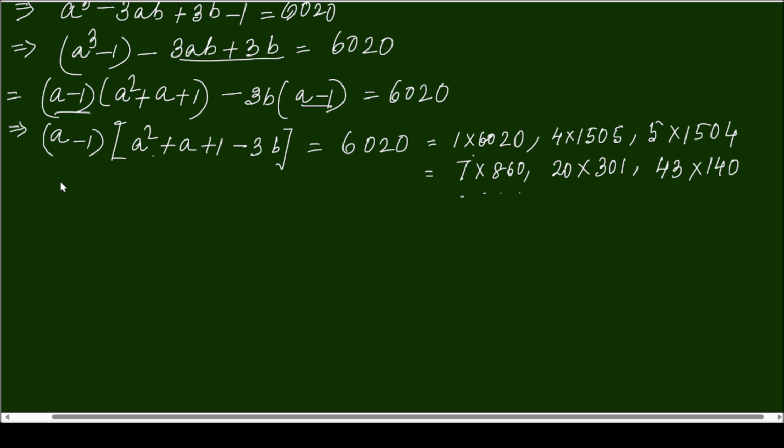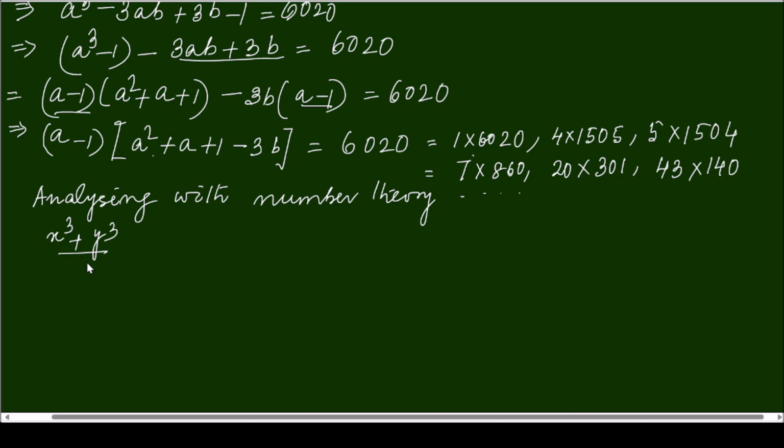Now let us analyze the things with number theory or congruence modulo. The equation was (x² + y³)/3 + xy = 2007. If we see the right hand side, 2007 is congruent to 0 modulo 3.